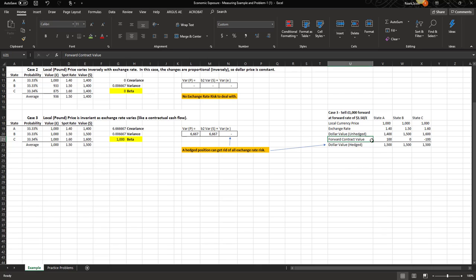But now if we layer on the forward contract, we have some dollar value implications from that hedging. And so what happens is when we put in the hedging, we end up with $1,500 in value no matter what state of the economy we're in. In this case, you've completely eliminated the exchange rate risk because this value right here is invariant to exchange rates.